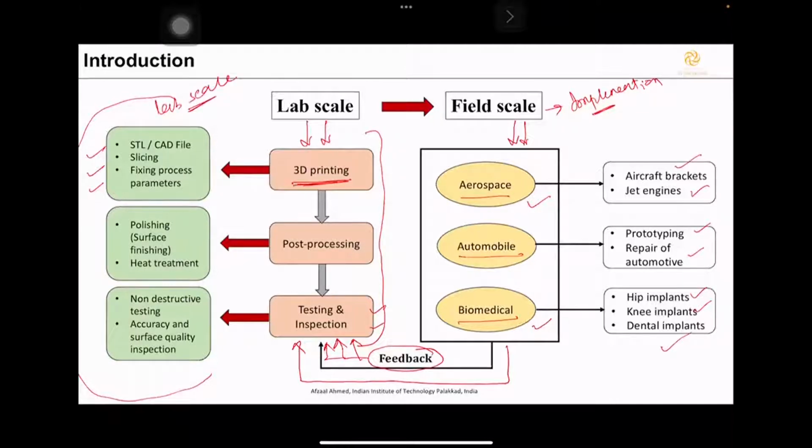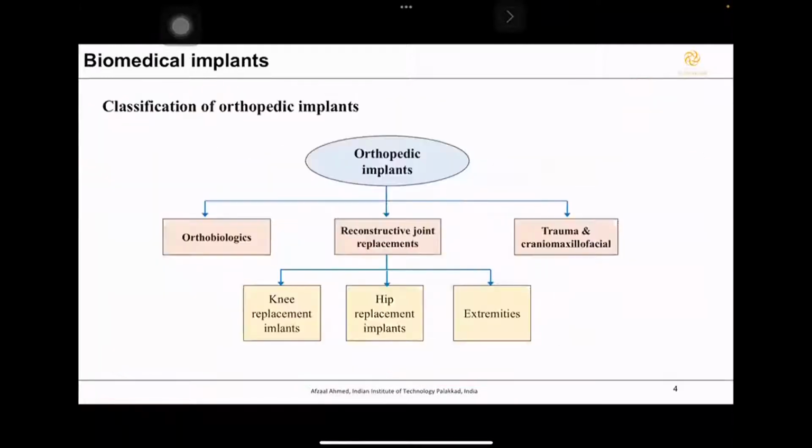So instead of putting an arrow like this, we could better say this is something like this. Correct? So they both go hand in hand. So with this brief introduction, let us move to the next slide, where I'll take a specific case study.